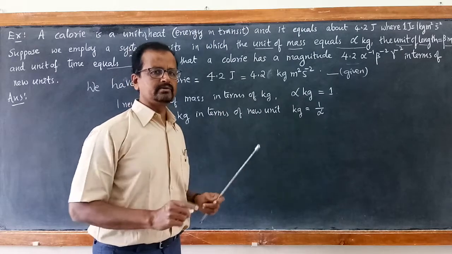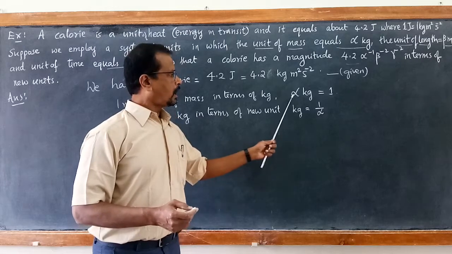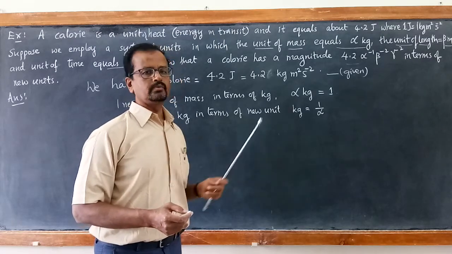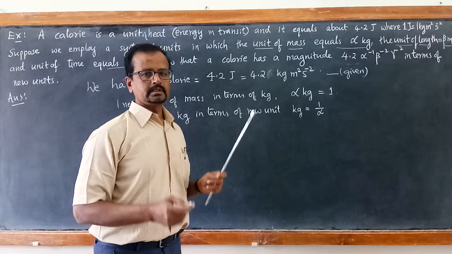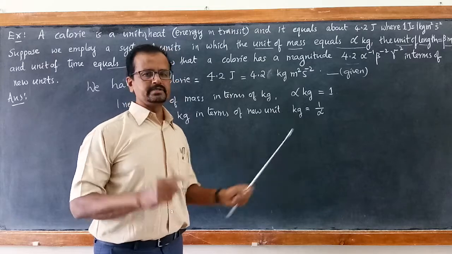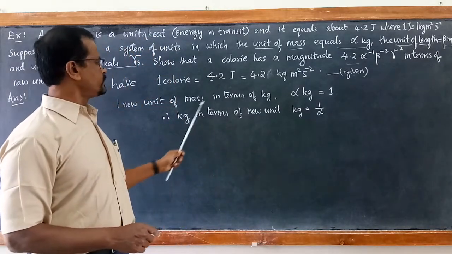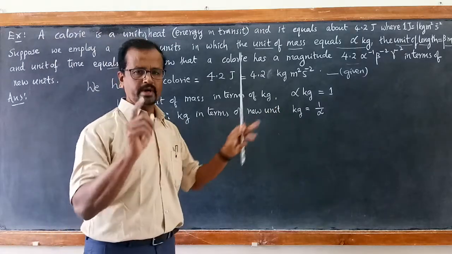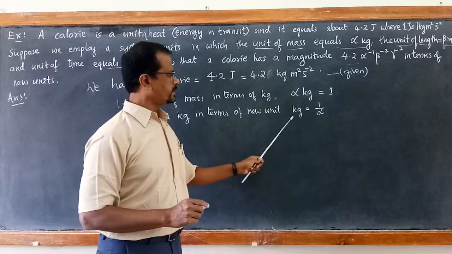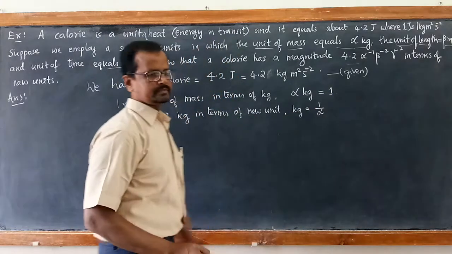Therefore, 1 kg is equal to 100th of a quintal. Second example: 1000 kg is equal to 1 ton. Therefore, 1 kg is equal to 1000th of a ton. Therefore, in general, if alpha kg equal to 1 unit, then 1 kg in terms of new unit is equal to 1 by alpha times that new unit.